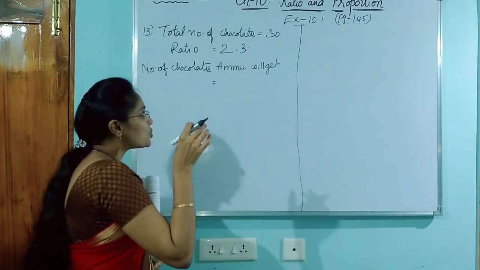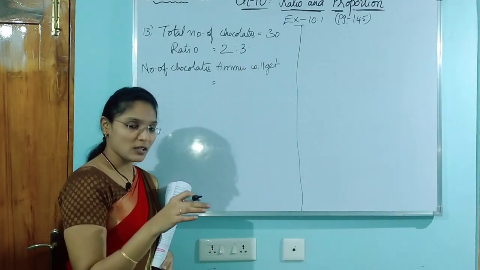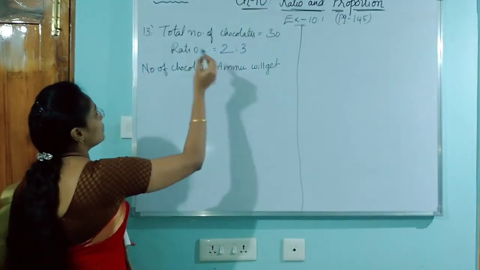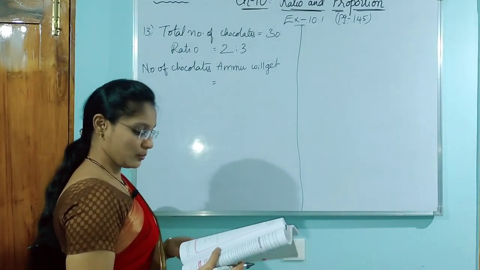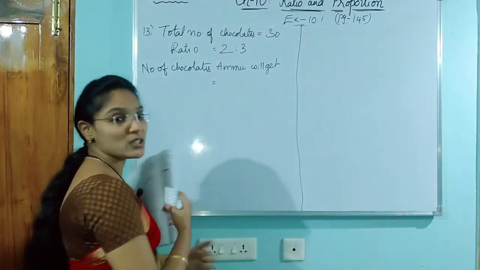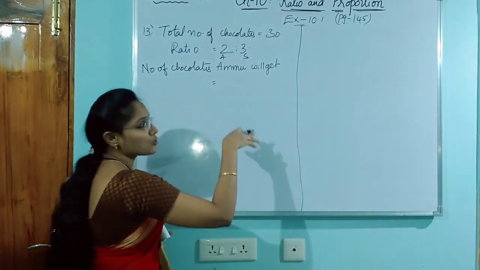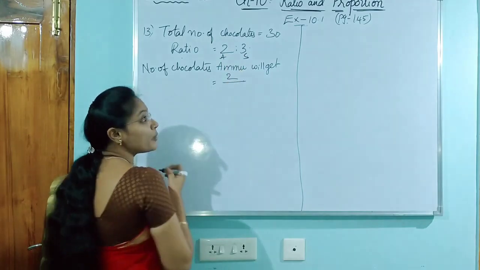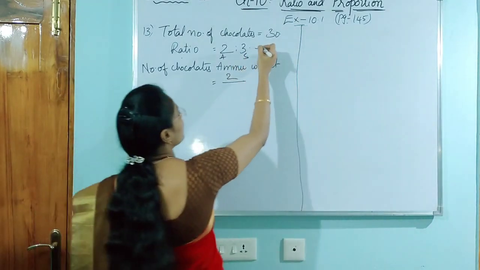Which one we are going to find out is the numerator, I said. What is this ratio? This is the ratio of the number of chocolates between Ammu and Shaila. The first term is Ammu, the second one is Shaila. Ammu's one we are going to find out, so the Ammu term is the numerator. The denominator is the sum of the terms in the ratio. So let us find out the sum of the ratio.